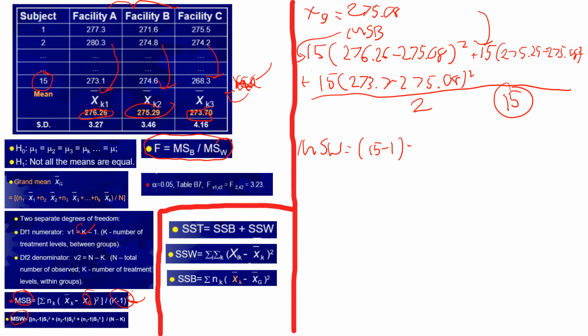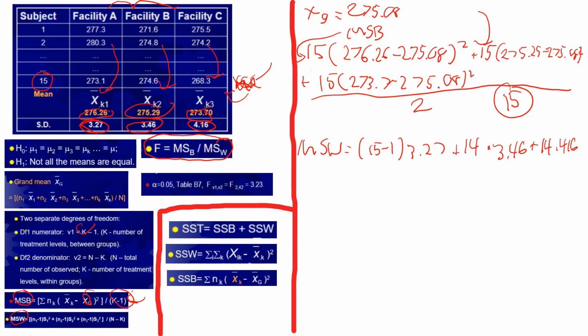This is 3.27, standard deviation 1, plus 14, again samples minus 1, times 3.46, plus samples minus 1, 14, times 4.16 for that last standard deviation.